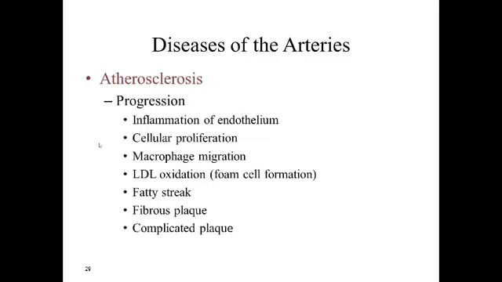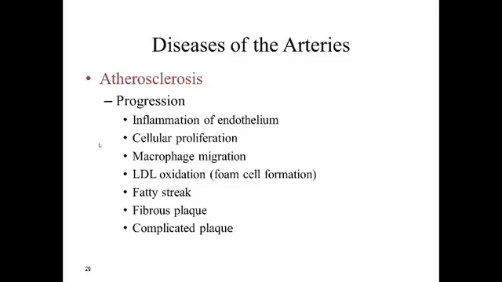So there's still some considerable controversy as to the pathophysiology of atherosclerosis, but the widely accepted theory of the mechanism is based on the finding that atherosclerosis is an inflammatory disease. Pathologically, the lesions progress from endothelial injury and dysfunction to the fatty streak, to the fibrotic plaque, to a complicated lesion.